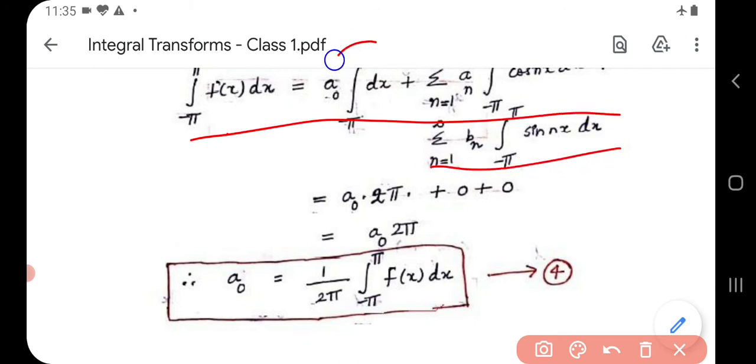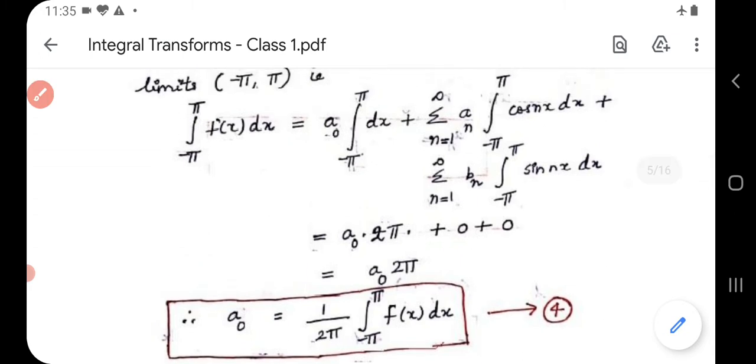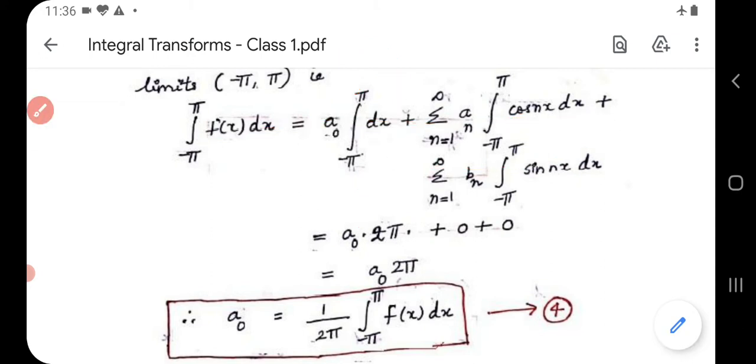Now here this integral, that is a0 times the integral from minus pi to plus pi dx. What is it? Integral dx is x. Now apply the limit minus pi to plus pi. It will be pi minus minus pi, so it is 2 pi. So the first one reduces to a0 times 2 pi. Okay. Now what about the second one?